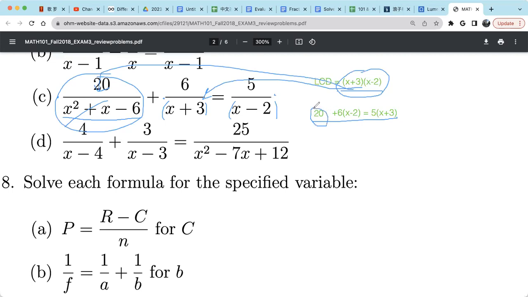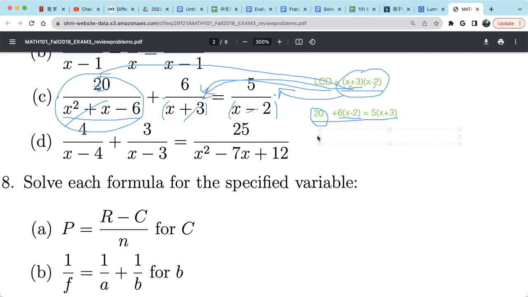Then multiply the least common denominator with 6 over x plus 3. X plus 3 cancels, so I'm left with 6 times x minus 2. Then multiply with 5 over x minus 2. X minus 2 cancels, and I'm left with 5 times x plus 3.